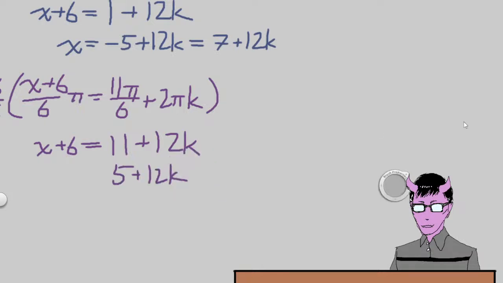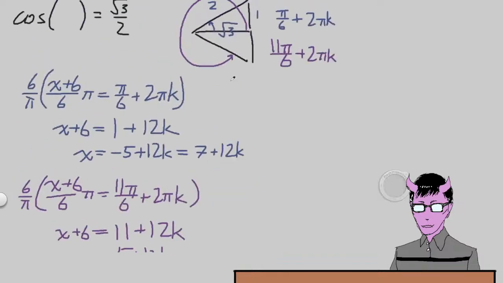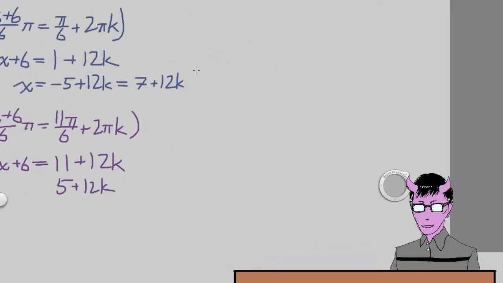So thus we have our two answers. So answer number 1, x is equal to what? We have the first set, which is going to be 7 plus 12k. And then the second one, 5 plus 12k.